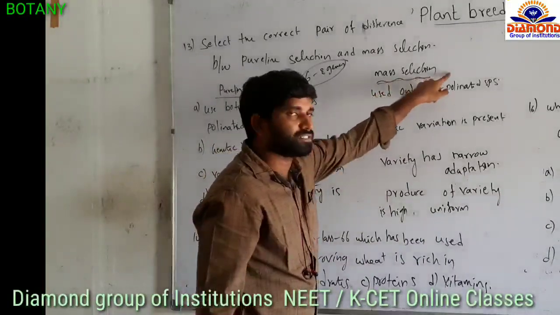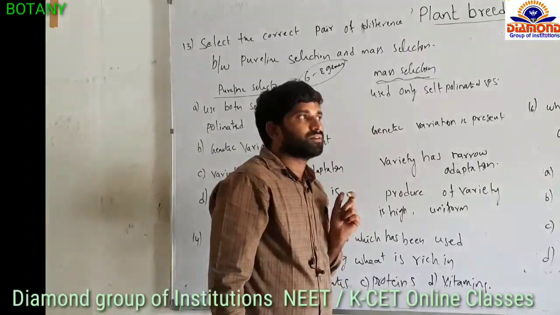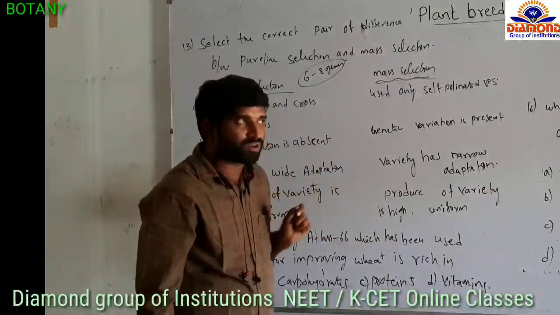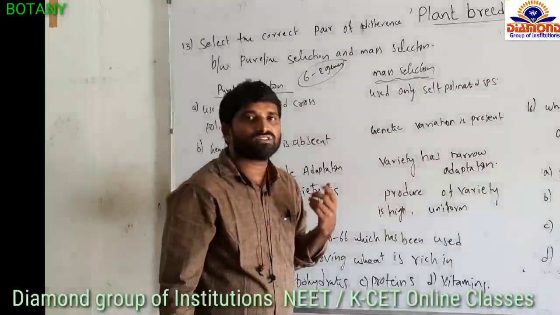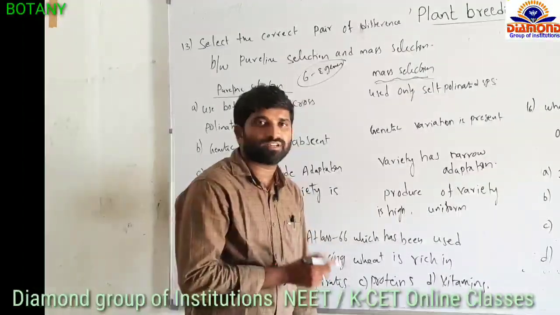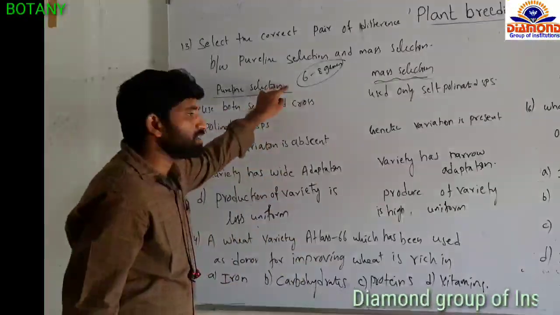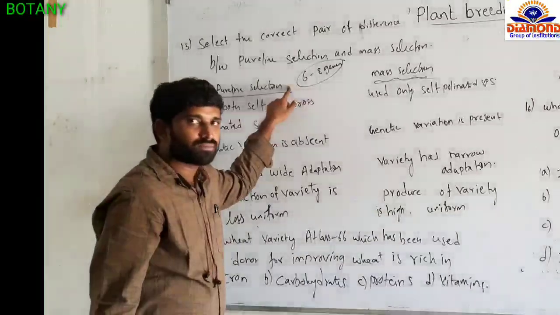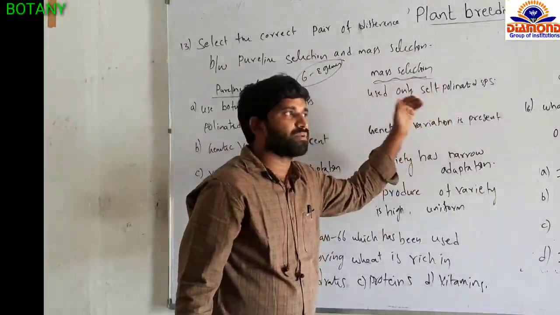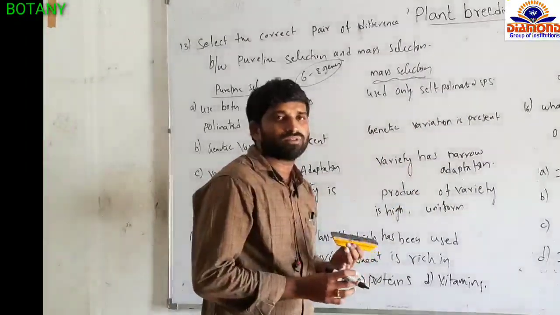Mostly in mass selection we select the parental plant through cross-pollination. If cross-pollination is done from one generation to the next, many new characters will be introduced in the offspring. So in pure line selection new characters will not develop, whereas in mass selection new characters will be introduced from the parents into the offspring.